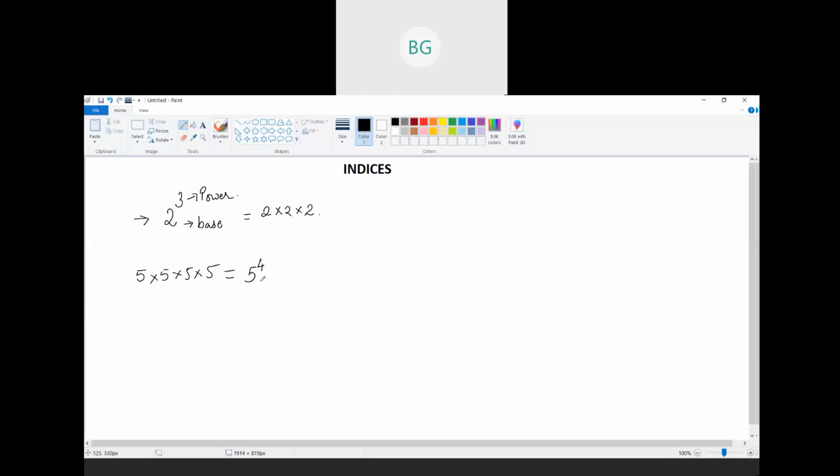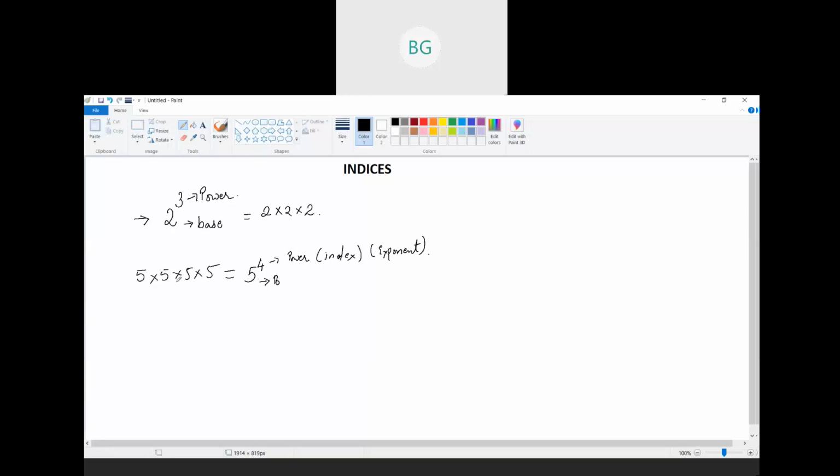Here we call 5 the base and 4 the power. It is also called the index, or exponent. So we can call it power, index, or exponent.